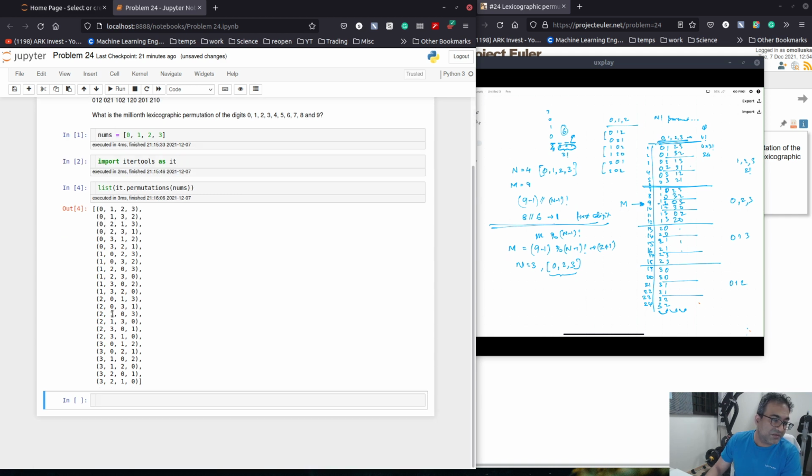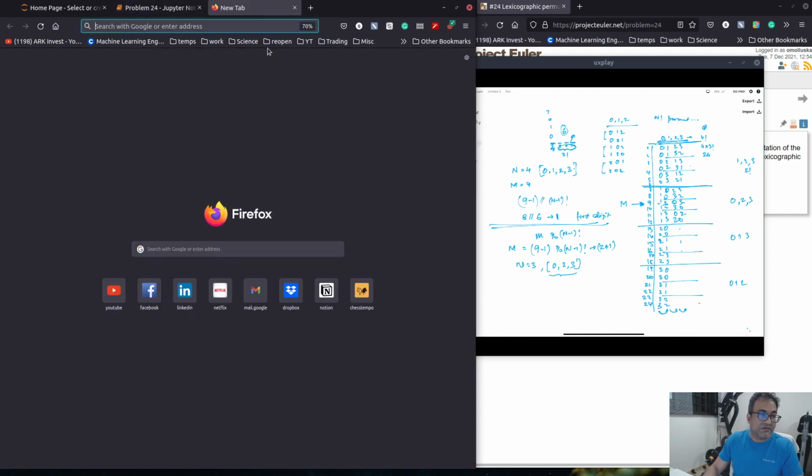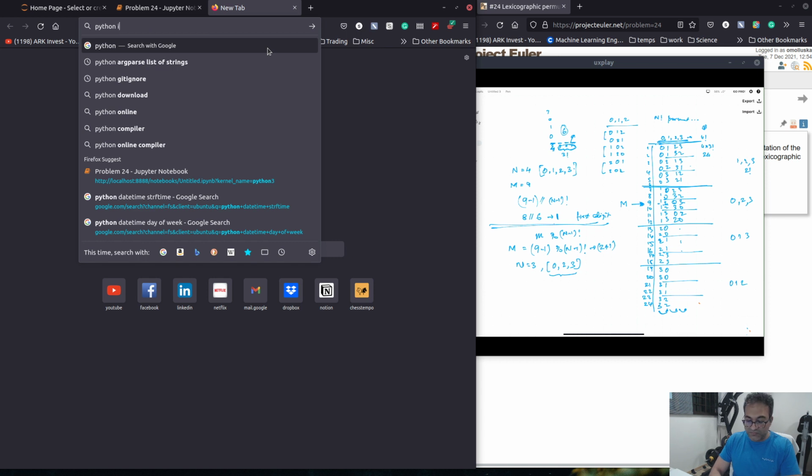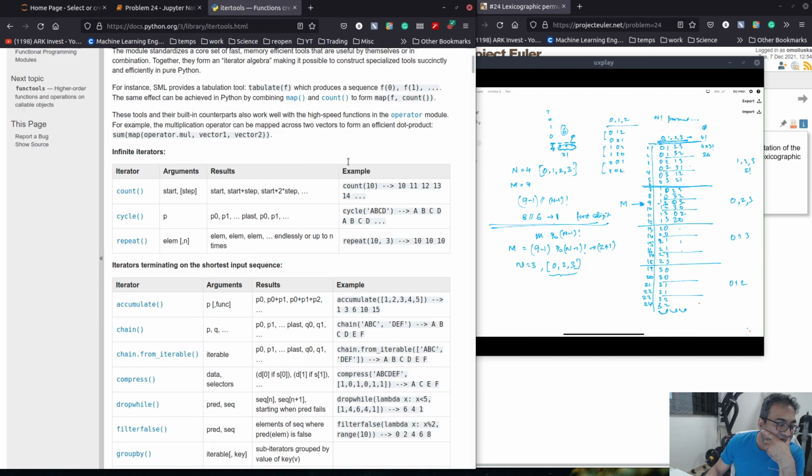But this one is going to evaluate every single permutation, but if we just, an iterator will not have a... I want to see if I can drop the first n.